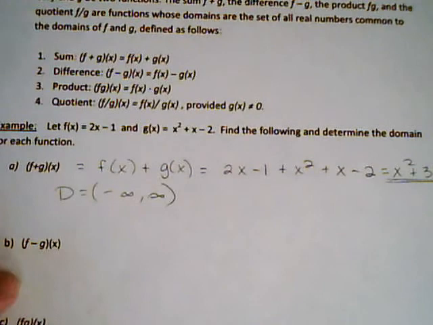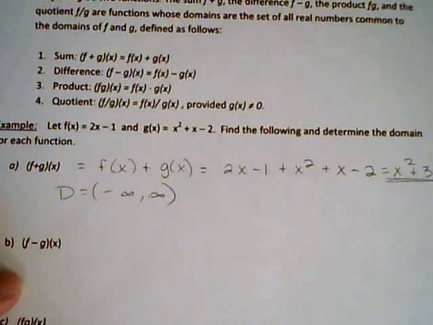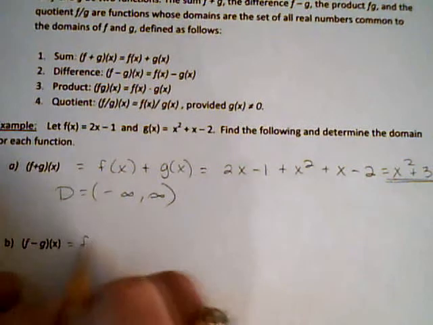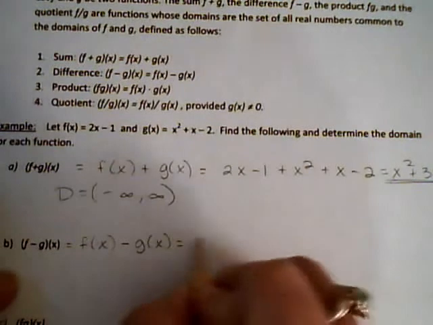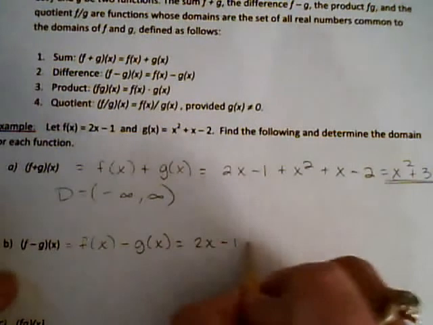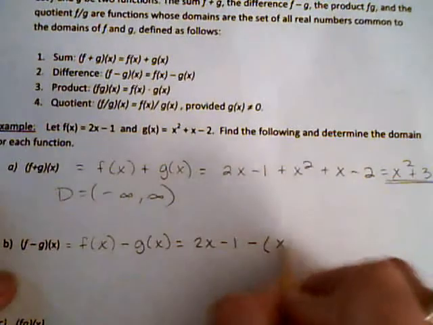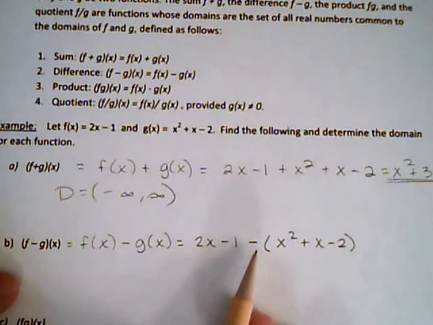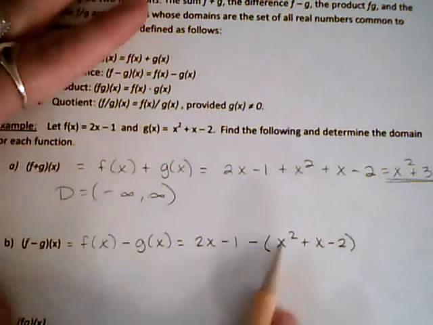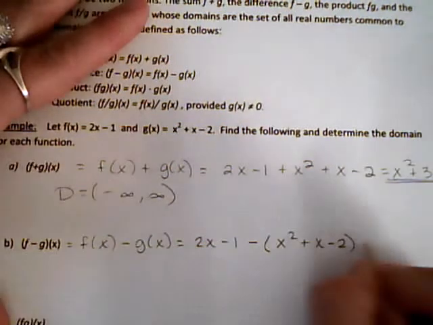Okay, on B, we're finding f minus g. So that would be f of x minus g of x. So f of x is 2x minus 1 minus g of x. Notice I put it in parentheses because when you subtract, you have to change the sign of every term.